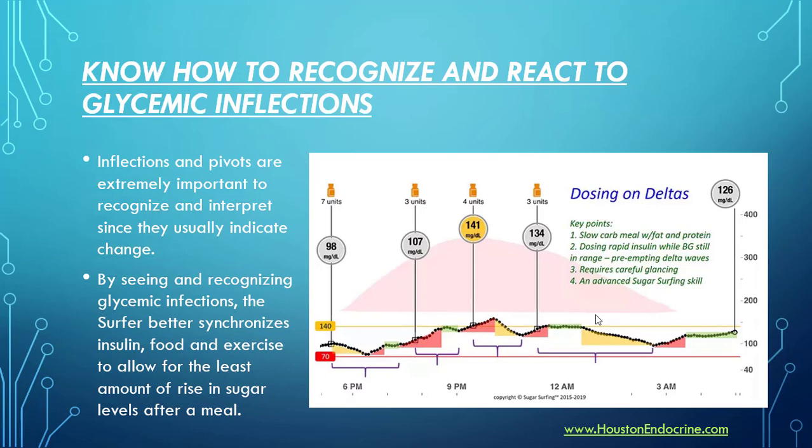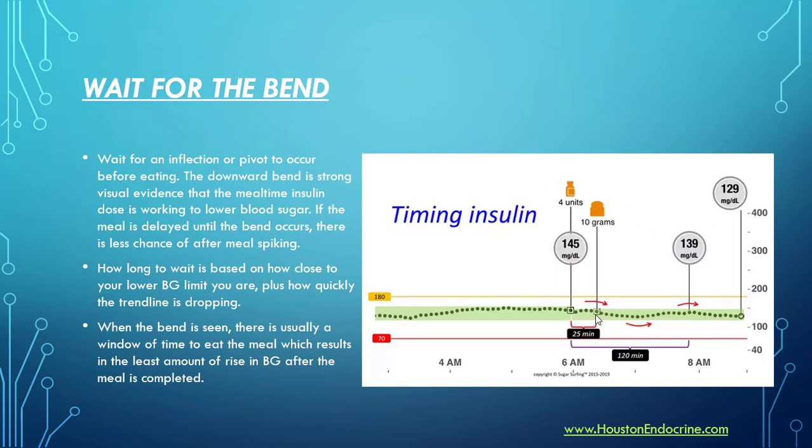This is an advanced sugar surfing skill, you could say, but it's important to be able to recognize these inflections and synchronize insulin, food, and exercise to adjust your insulin and glucoses over time, because every meal may have a different effect on you depending on its content. So these are examples of dosing on the deltas over a longer period of time.